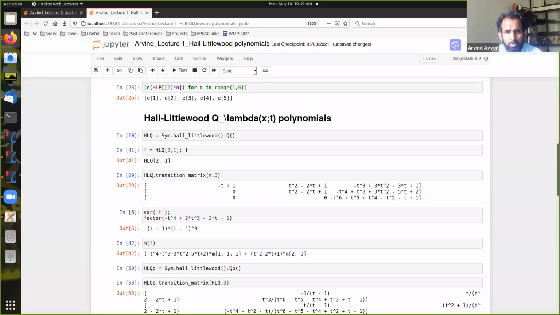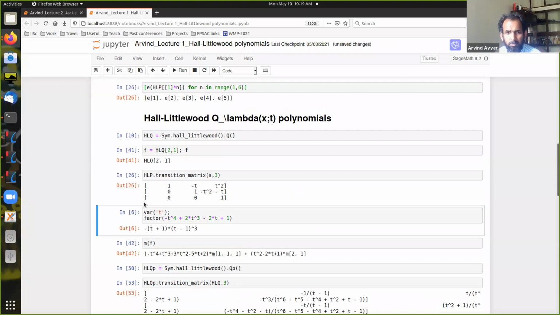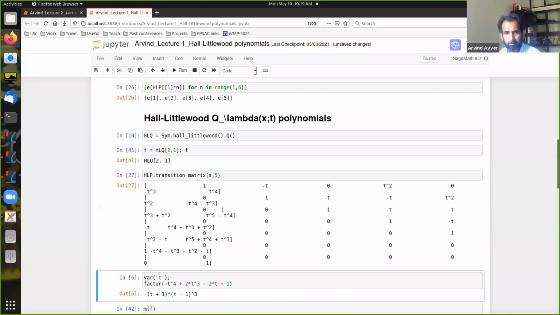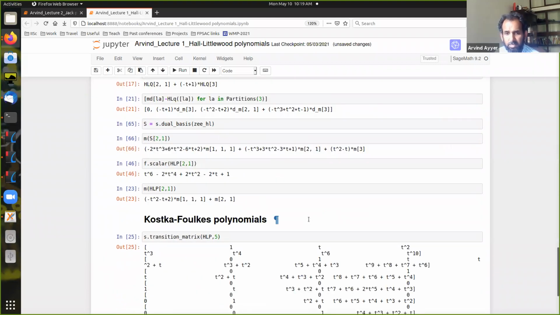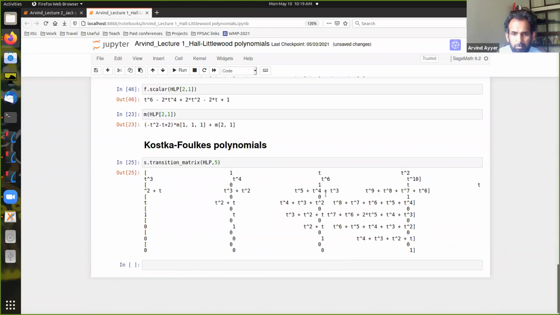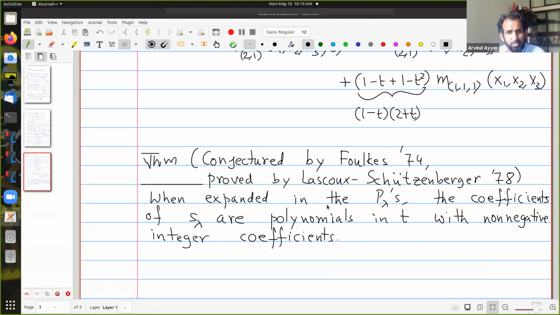So this was Q in terms of M, P in terms of S. You have signs, and you can't predict so easily. But when you go the other way, you always have non-negative integer coefficients.